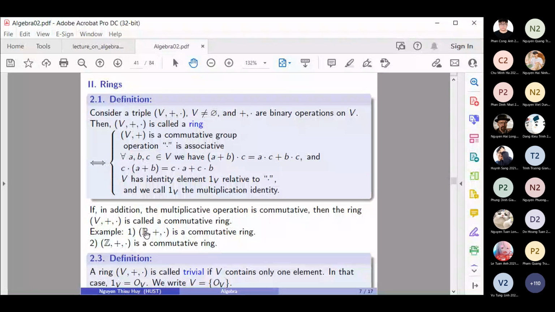So if A in R and A is not zero, then A to the minus 1 is simply 1 over A, so it has an inverse. But that property doesn't hold in Z with addition and multiplication. For example, if you take the number 2 in Z, the inverse of 2 is 1 over 2, which is not in Z. So this is not a field, although it is a commutative ring.